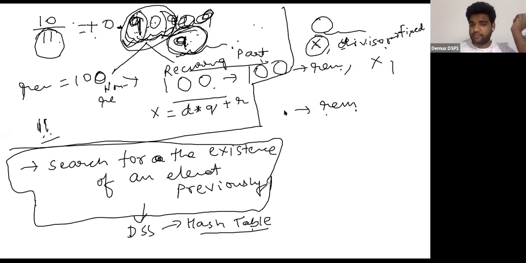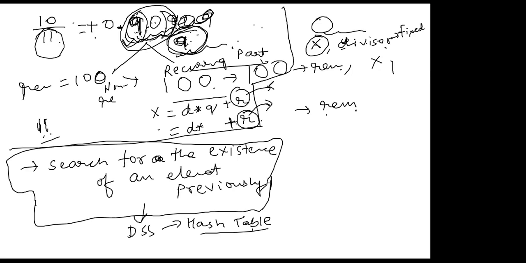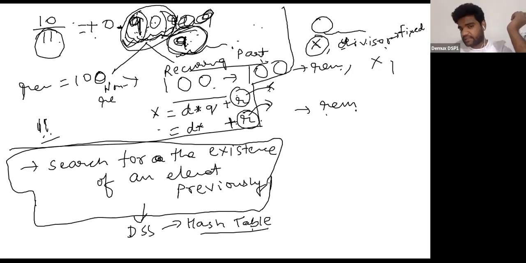And let's say the next time you got the same R, what will be the pattern? This R will be the same, correct? And you are dividing by the same number. So what happens next? Next time you take this remainder as the next number, right? So here also you took the same number as the remainder and your divisor is still the same. So whatever will happen now will be the same in this case also, because your dividend and divisor are the same, right?